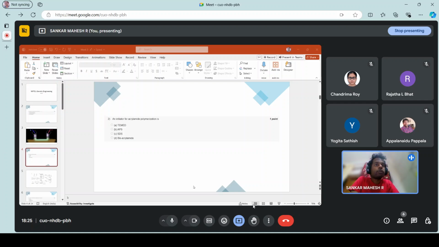Can anyone else unmute and tell me what polymerization is? Polymerization is a process in which we are joining monomers with particular bonds to make a polymer. Okay. Are these bonds covalent or non-covalent? These are covalent. Covalent. Right.